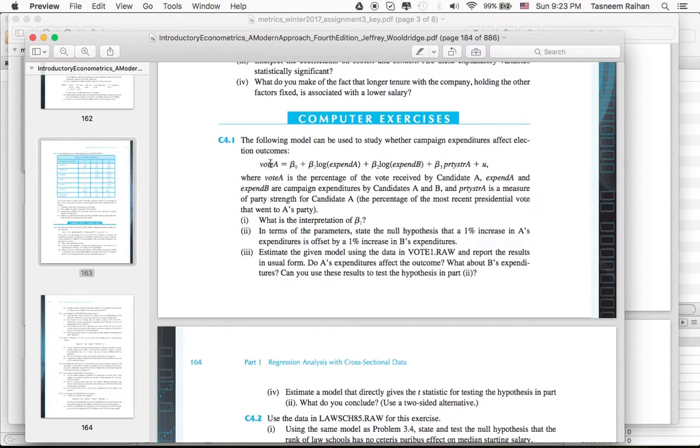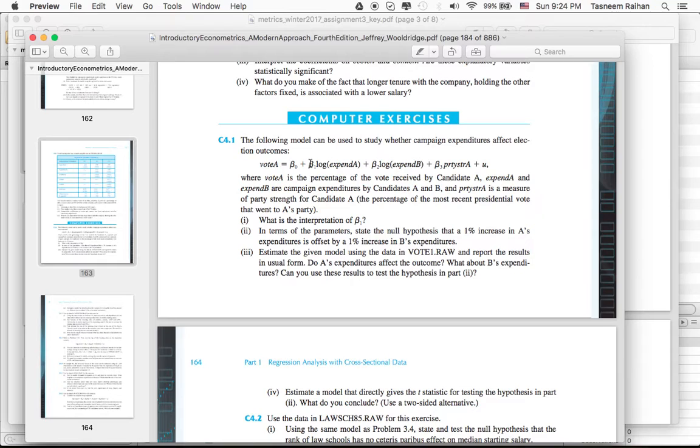Now remember that this vote A, this dependent variable, is in percentage, and that is why when we interpret this beta 1, we say that beta 1 divided by 100 is the percentage point change in vote A. So if this dependent variable was not in percentage, rather it was in some other unit, let's just say the dependent variable was in dollars, then our interpretation would also change accordingly.